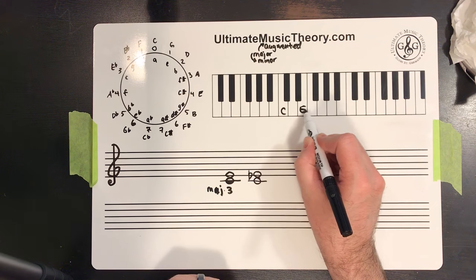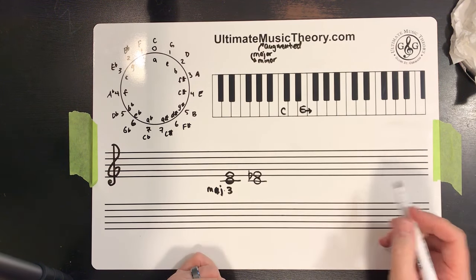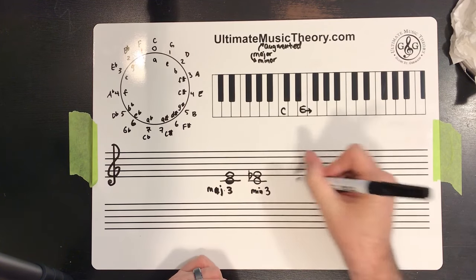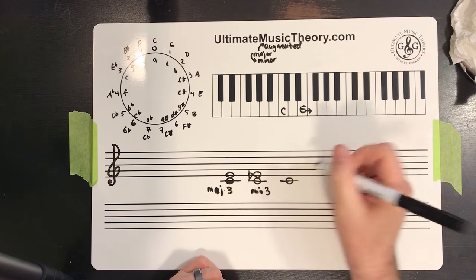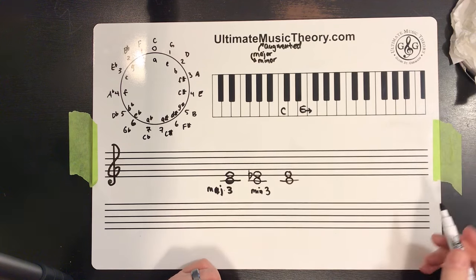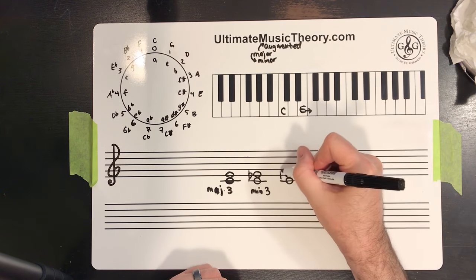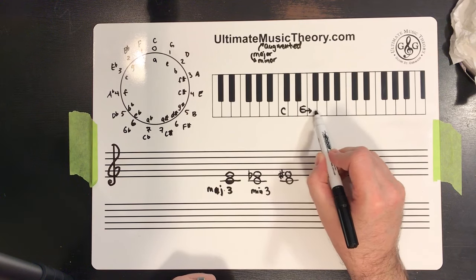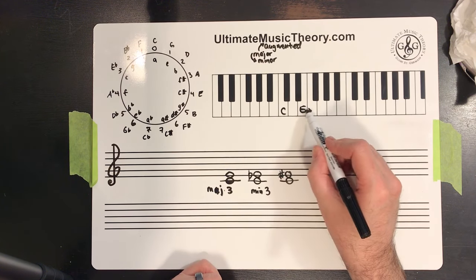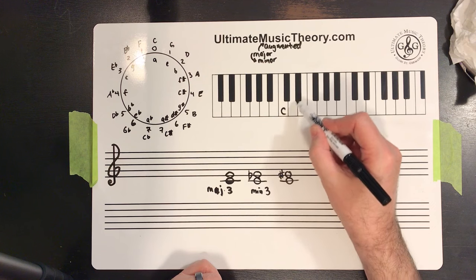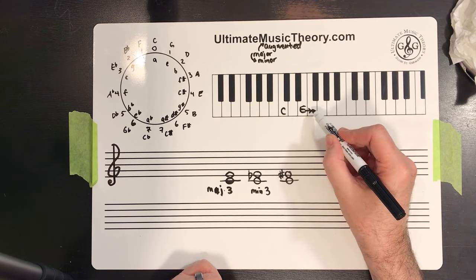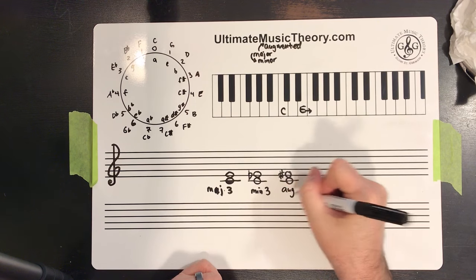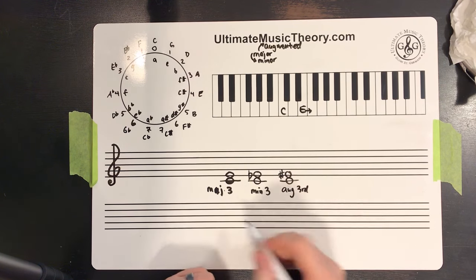So that means we would go this way. So this is minor third. To go to an augmented third, we would just raise this note from the E to the E sharp. Now this is slightly bigger. It's 1, 2, 3, 4, 5 steps. So this is an augmented third.